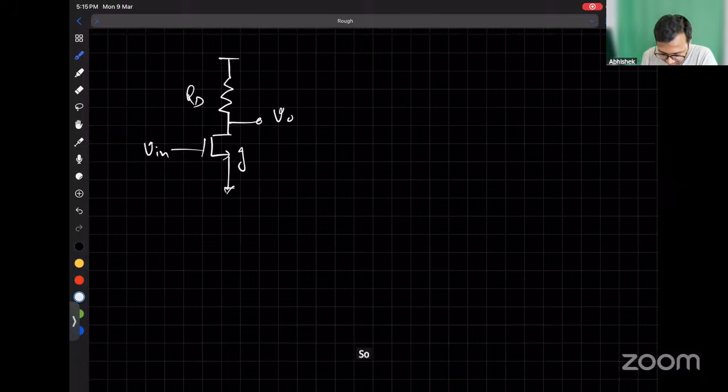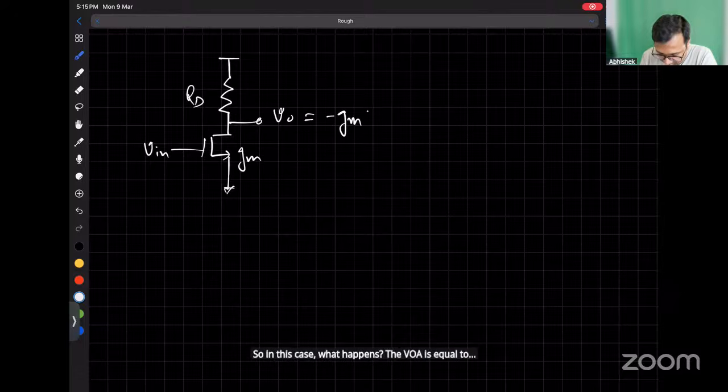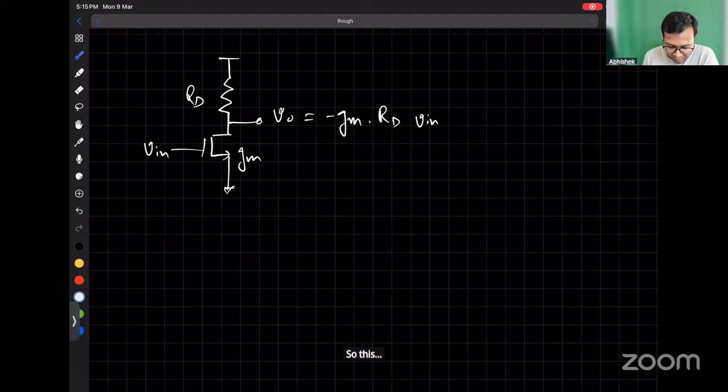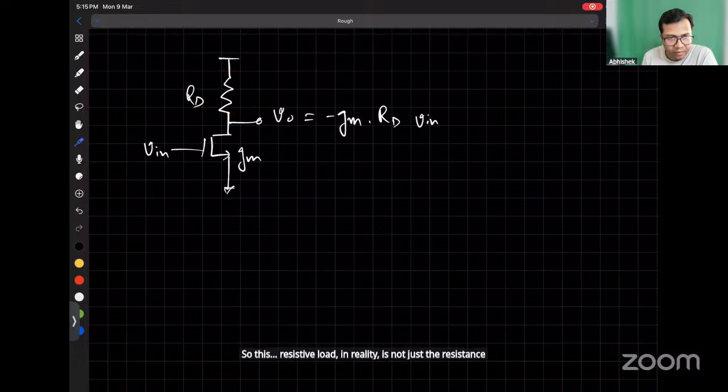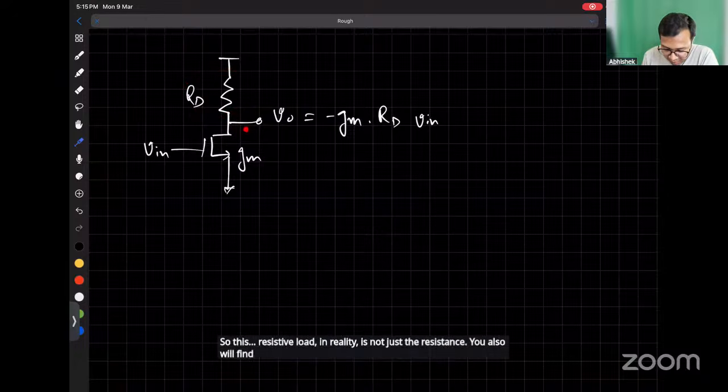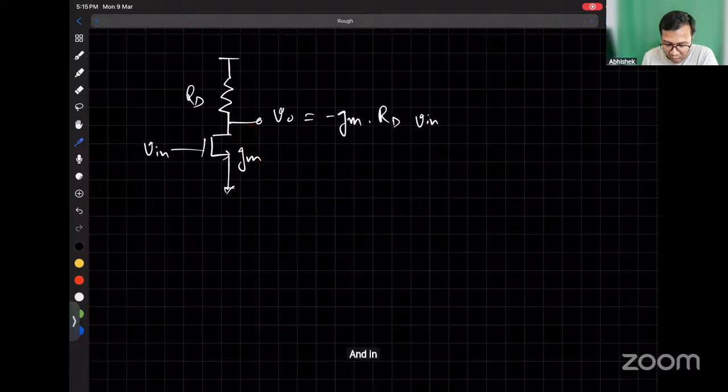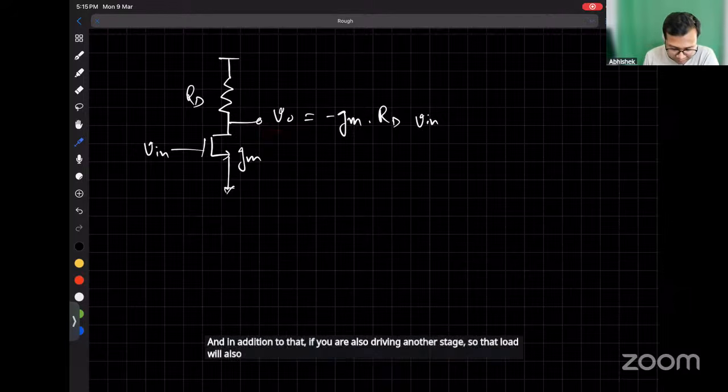In this case, the Vo/Vin is equal to minus gm times the output load, which is RD. This resistive load in reality is not just the resistance. You will also find some parasitic capacitance at the drain node, and if you are also driving another stage, that load will also come.